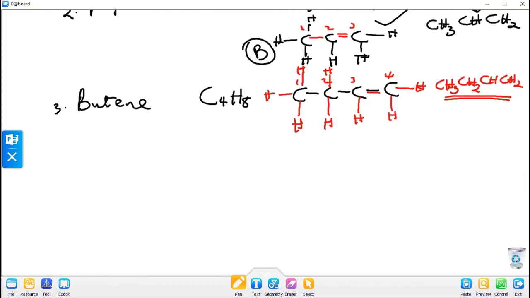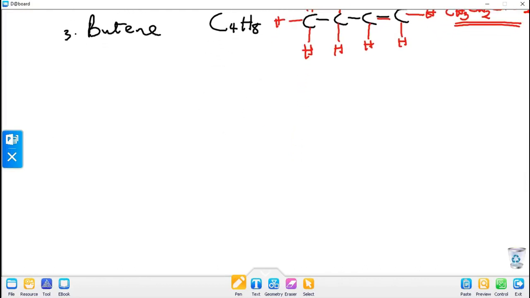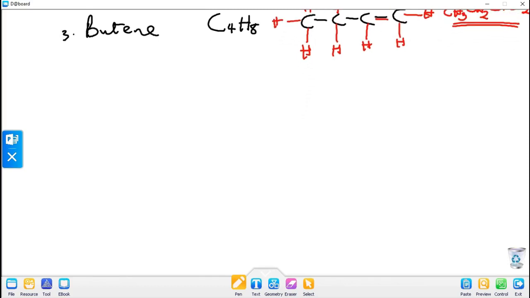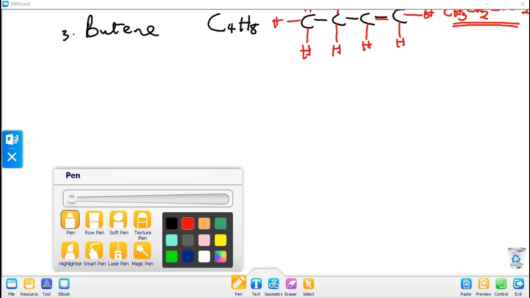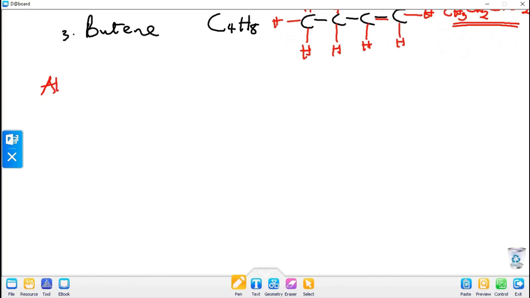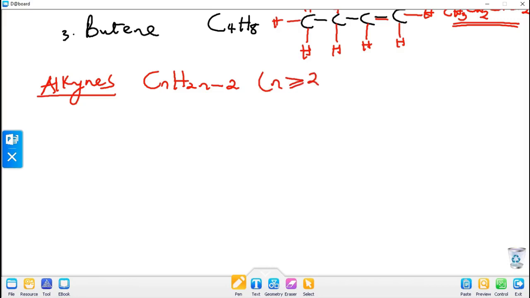The alkynes have a general molecular formula of CnH2n minus 2, where n is greater than or equal to 2.